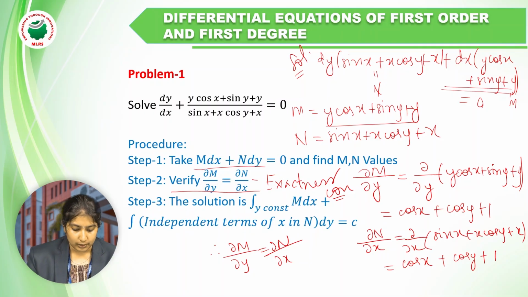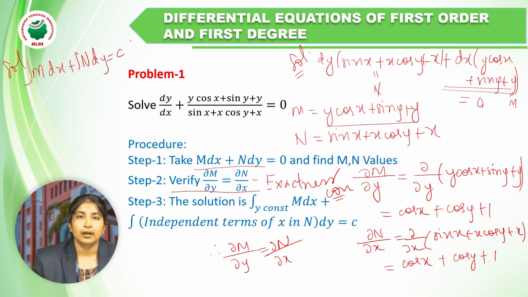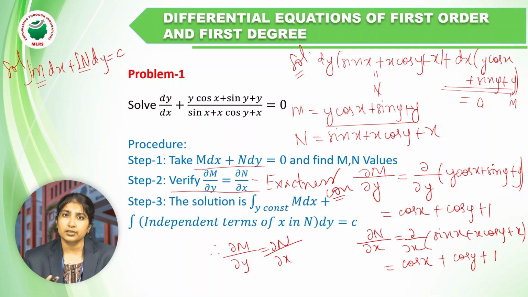So how will you find the solution? The solution is given by the integral of M dx plus the integral of N dy equal to c, provided here in M, y should be constant, and here in N only those terms which are independent of x should be taken.